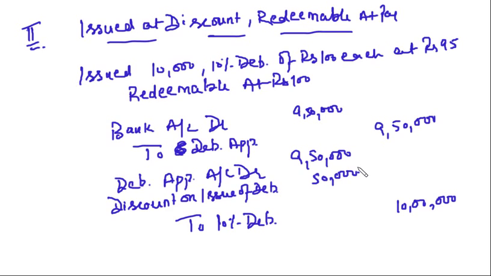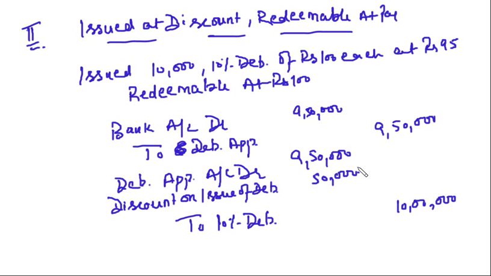And this loss you are going to meet from securities premium reserve or the profit that you will earn. So your loss will be compensated here. Your 10% debentures' face value remains 100 rupees.